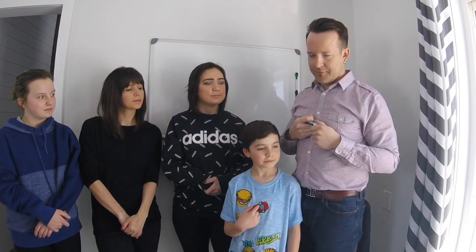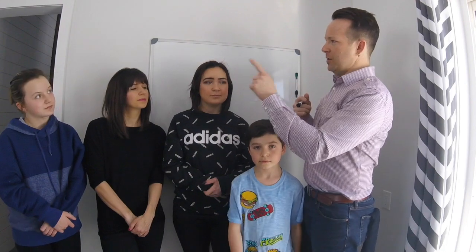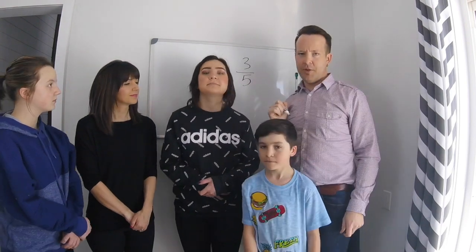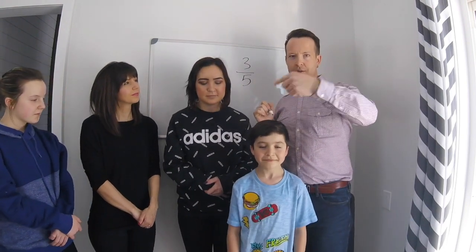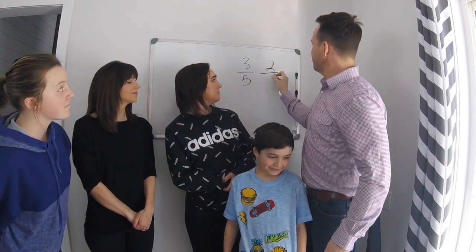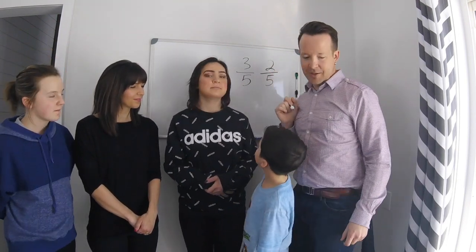So let's look at the number of girls in my family versus the number of boys. There are 1, 2, 3 girls in my family. That means 3/5 of my family are girls. And there's 1, 2 boys in my family, which means 2/5 of my family are boys.